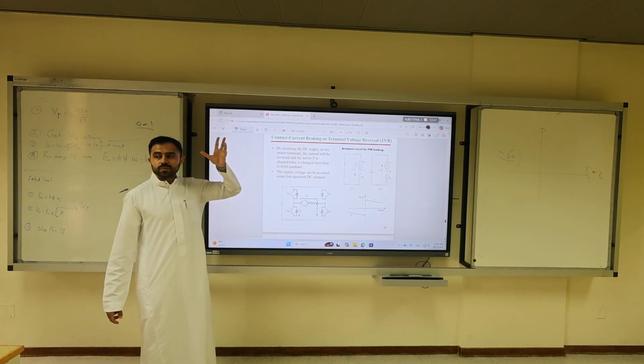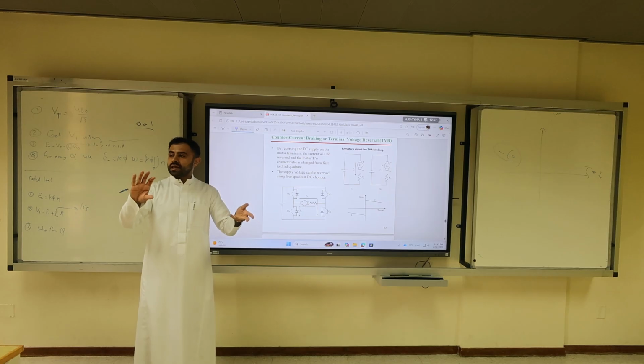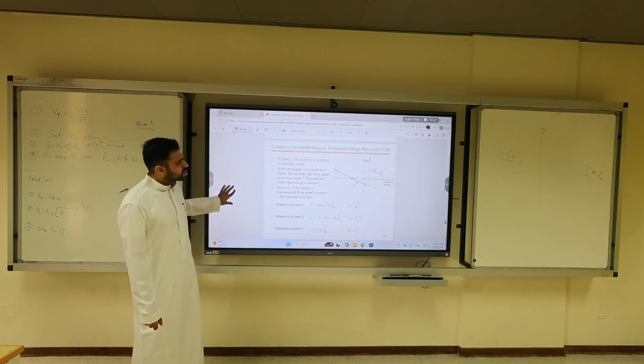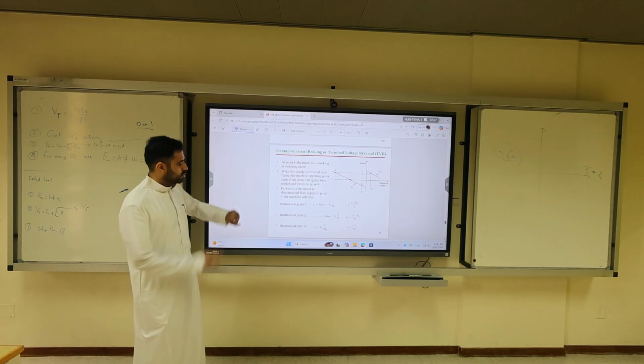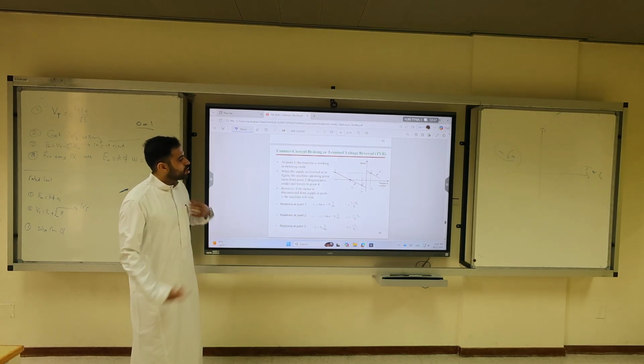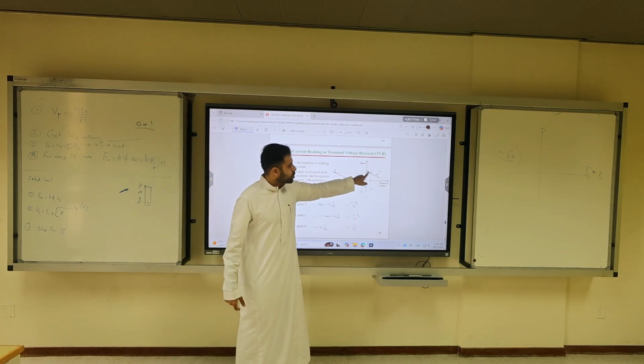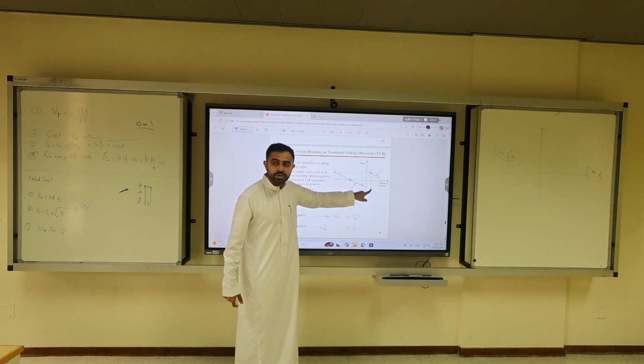So the easiest way to brake is just to reverse the torque and speed. Let's see how this works. You start at point 1 on the torque speed characteristic. Assume that the load is constant.